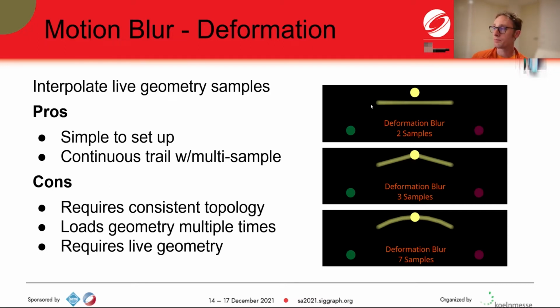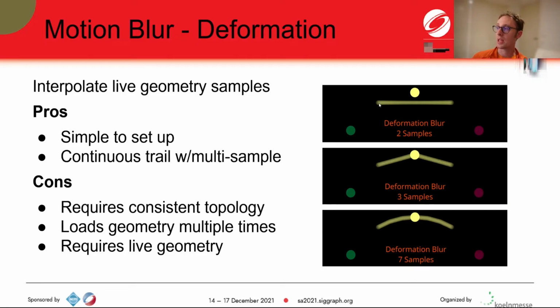And so if we sample that animation curve, we get this on the previous sample, and then we get a point here on the next sample, and then we can blur between them. Then with 3 samples, we're getting closer to the original curve, and then with 7 samples, we get a pretty nice representation of that animation curve.